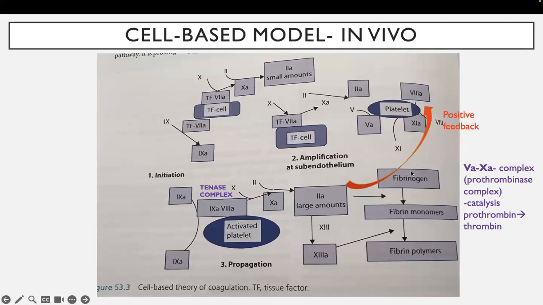Okay, I know this is quite a lot to process, but basically you just need to know that the cell-based model is what happens in vivo, that your clotting factors work together with your cells to form this large amount of thrombin, and then you get your fibrin from fibrinogen, which will then be strengthened by your activated factor 13 to form a very good platelet plug.